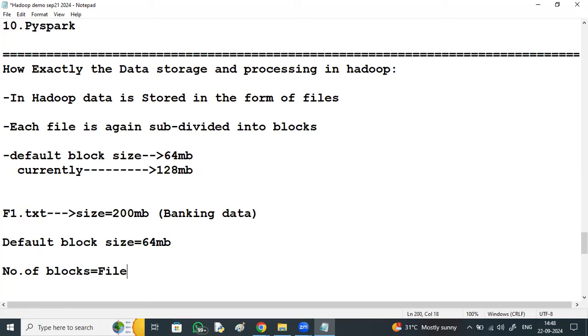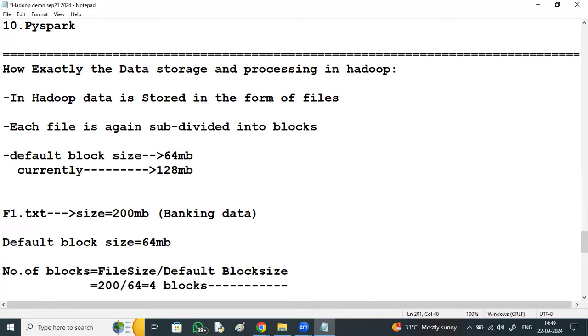The file size is 200 and the default block size is 64, so 4 blocks.